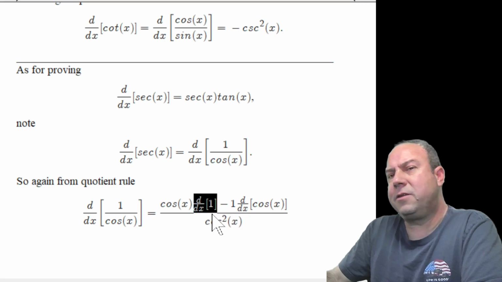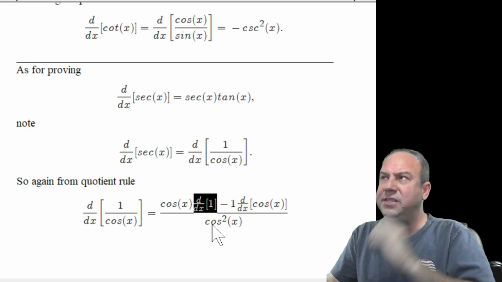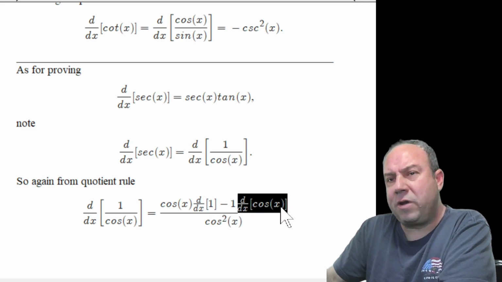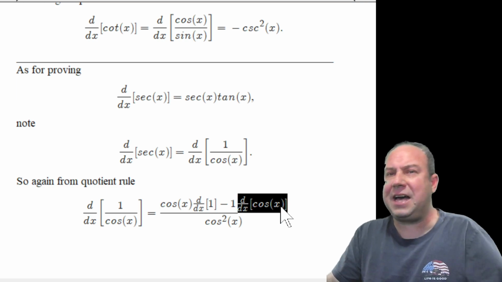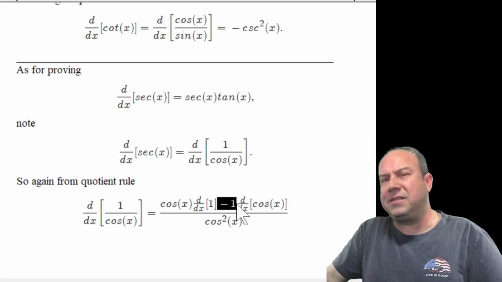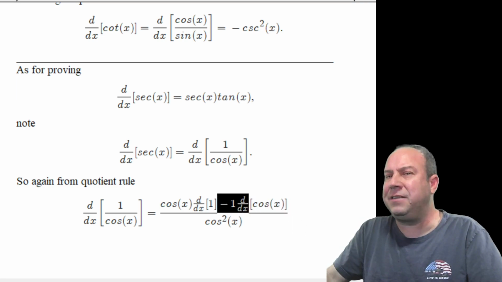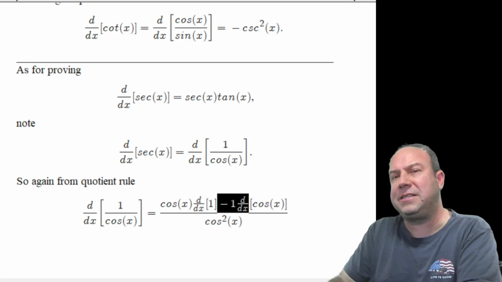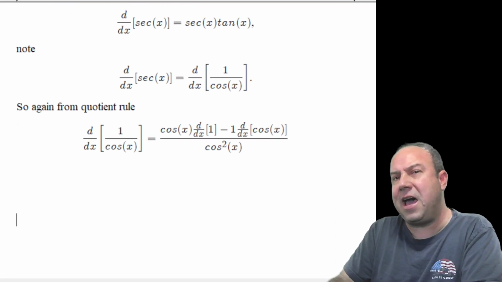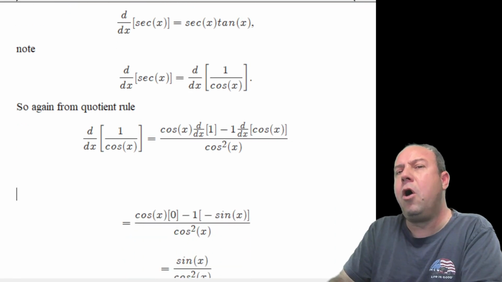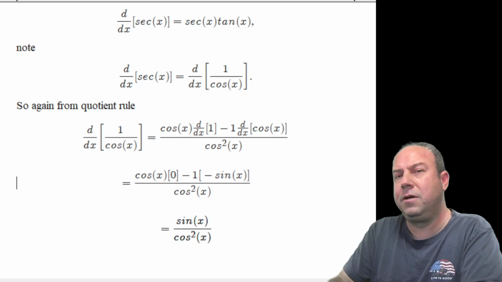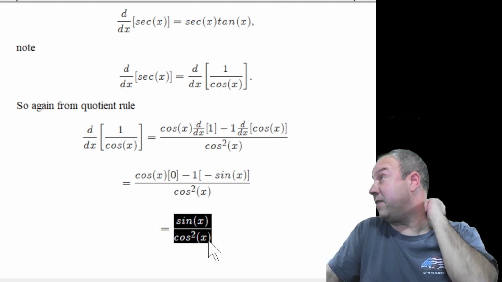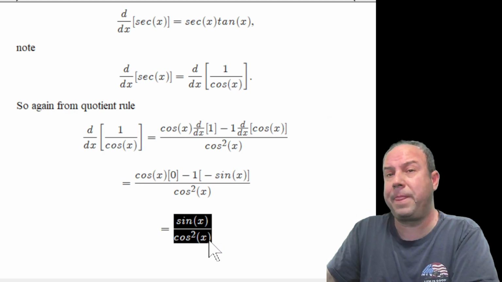Now the derivative with respect to x of 1 is just 0 because that 1 is a constant. And we know the derivative of cosine is opposite sine, so multiplied by this negative 1 will turn into positive sine of x. So what we would have here is 0 plus the sine of x in the numerator over the cosine squared of x, which does simplify to the sine of x over cosine squared of x.